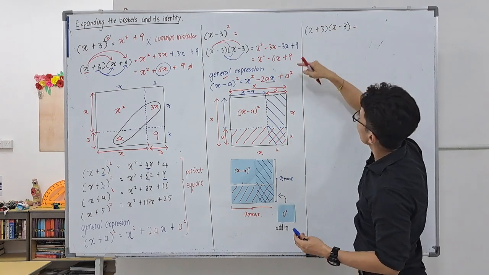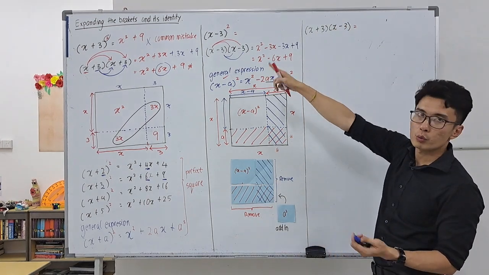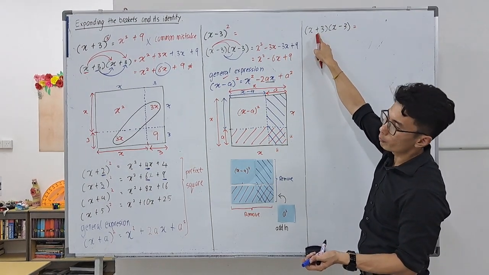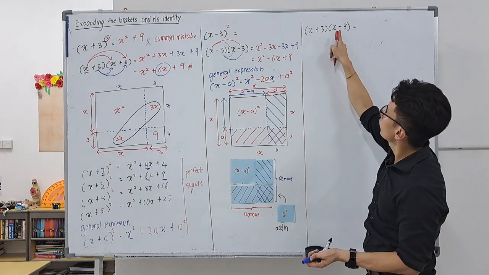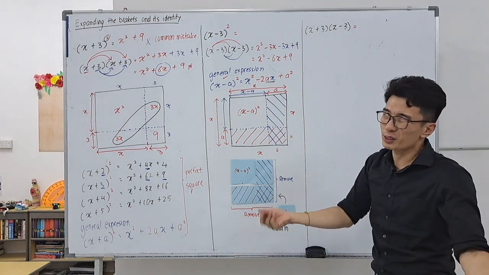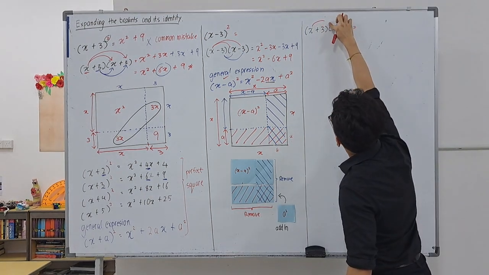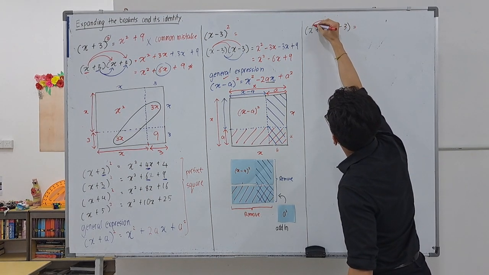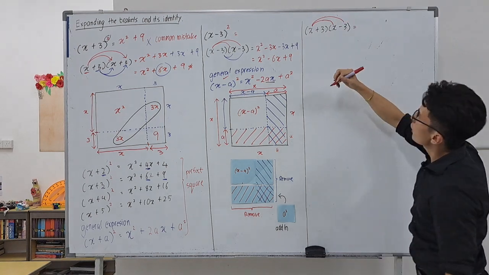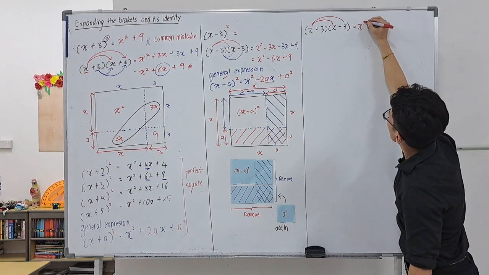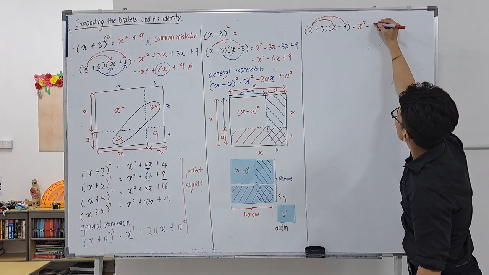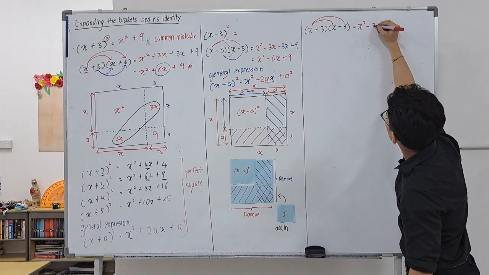If you notice what's the difference between this one and what we have done so far, one bracket is positive and one bracket is negative. Let's see what's going to happen. If I multiply the x in, I should get x squared minus 3x.